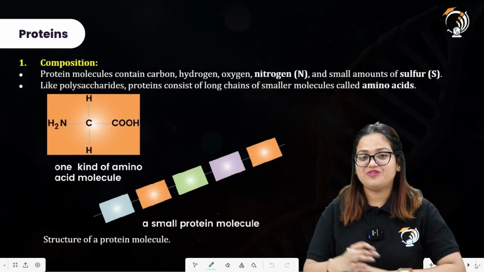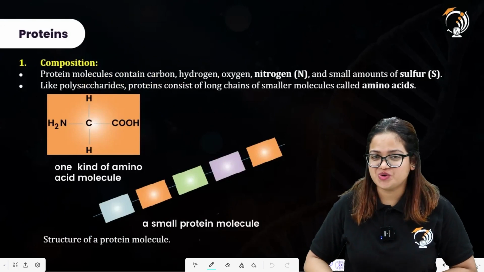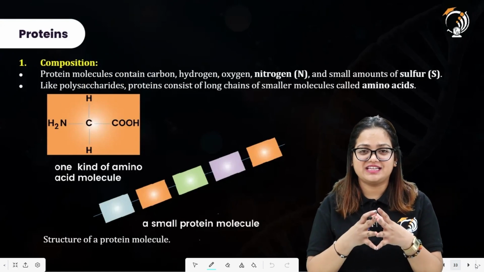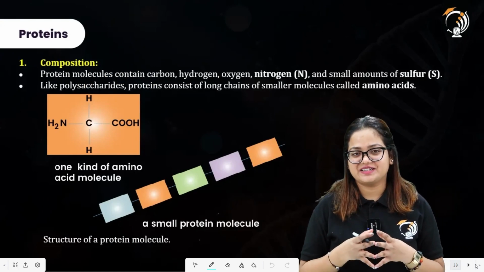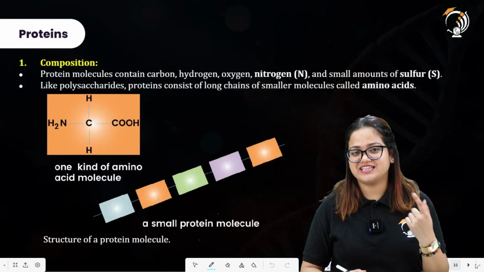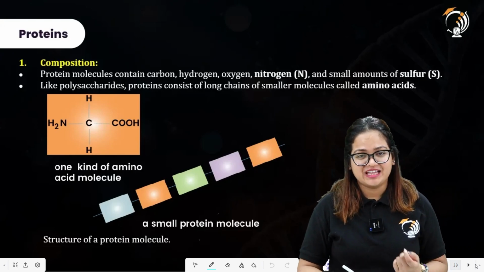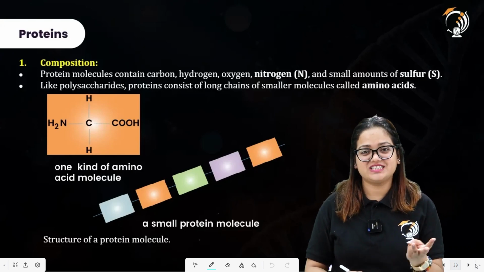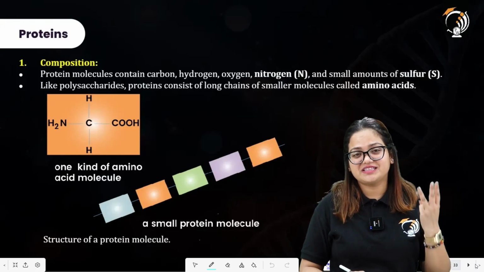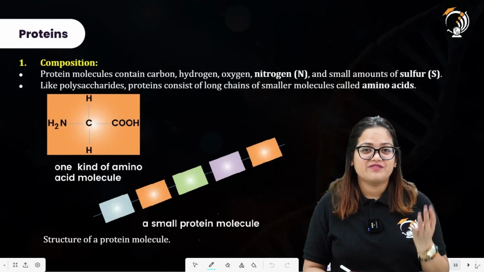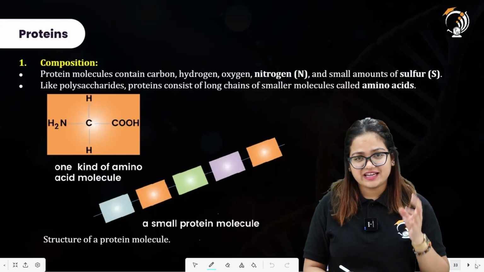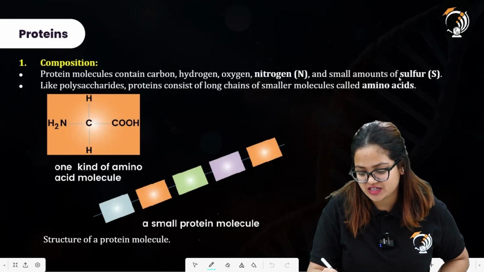Then another food component, that is the protein. What are the basic chemical elements that are in proteins? You can guess the first element, that is carbon. Then you have hydrogen, oxygen, and we had also talked about nitrogen being present in protein. There is also a small quantity of sulfur in it.